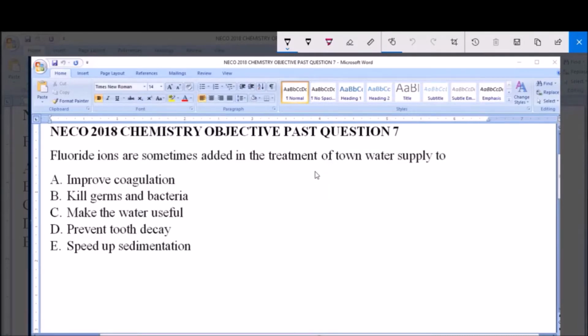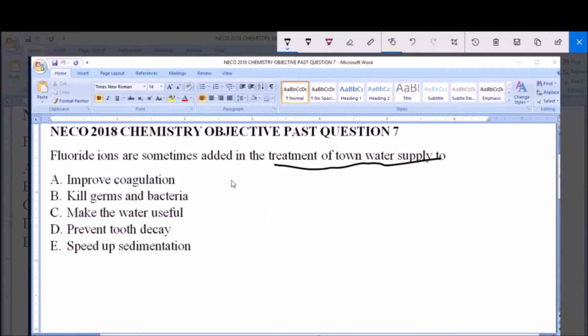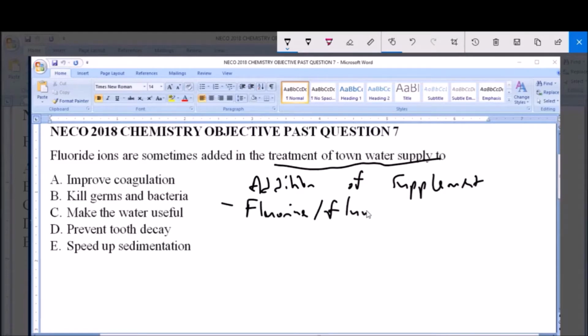Now, in the treatment of town water supply, there are various steps that are taken, such as coagulation, sedimentation, etc. But one of the steps involved is addition of supplements. And these supplements usually include fluorine or fluoride ions, and also iodine.